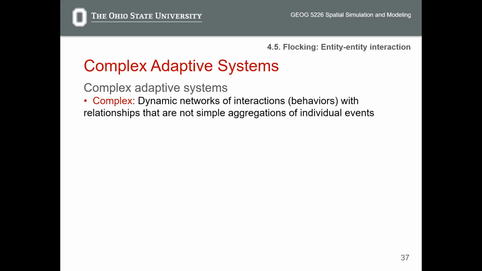So there are different types of complex adaptive systems in the real world. Okay, I will introduce the concept here. So why do we call it complex? Because when we observe the behavior of the system, these behaviors are not simple aggregations of individual events.